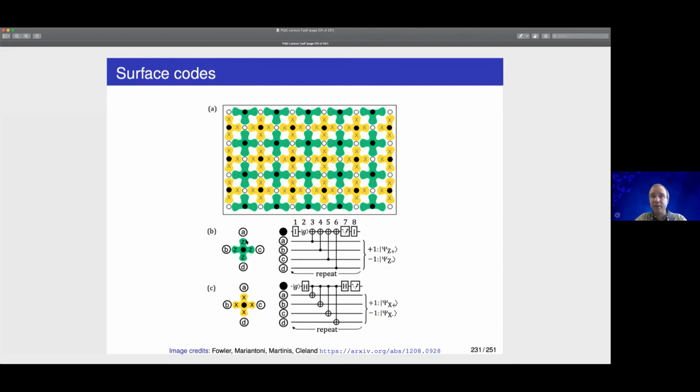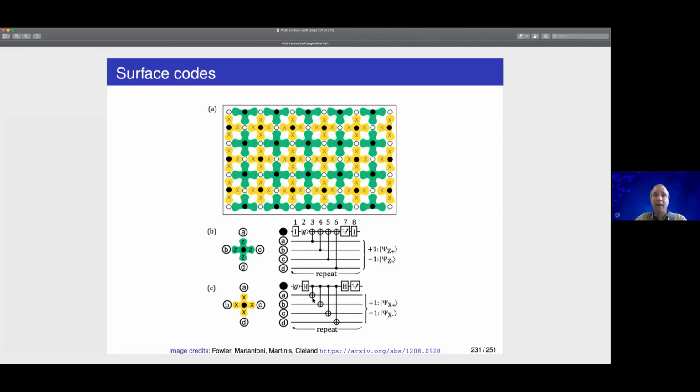So for instance, if we have this green figure, it means that the operation which is a set on this qubit, this qubit, this qubit, and this qubit stabilizes the code, okay? And then we use the black qubit to measure the syndrome of this generator. And here you have the circuit.